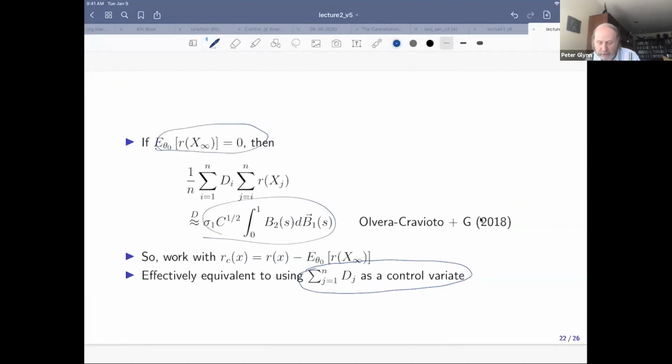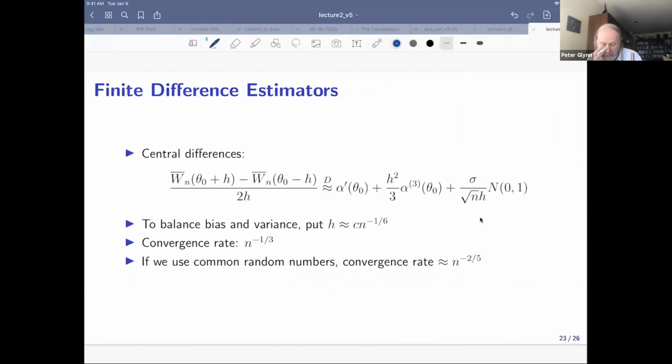So likelihood ratio gradient estimators can be successfully used in many different contexts, but they do typically have significantly larger variability than do the IPA estimates in settings when IPA and likelihood ratio methods are both applicable. Another alternative method, of course, is to not try to compute the gradient, but to use a finite difference approximation.